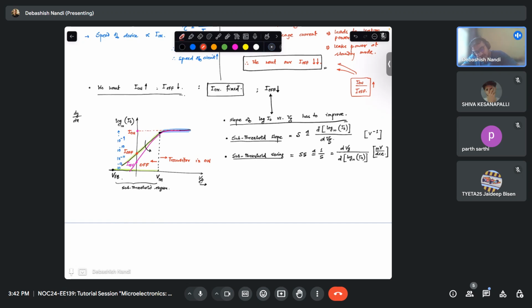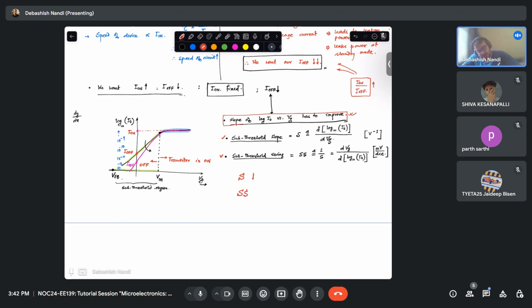Can you tell me, from this line, my S and SS, should I increase my S or decrease my S? From these definitions and this line, the slope of log ID has to improve. So what is the desired?